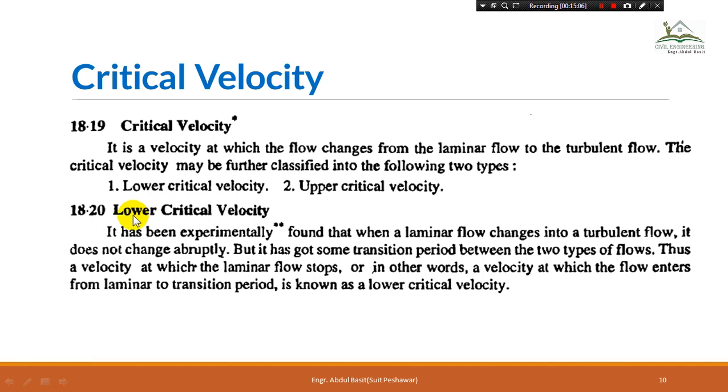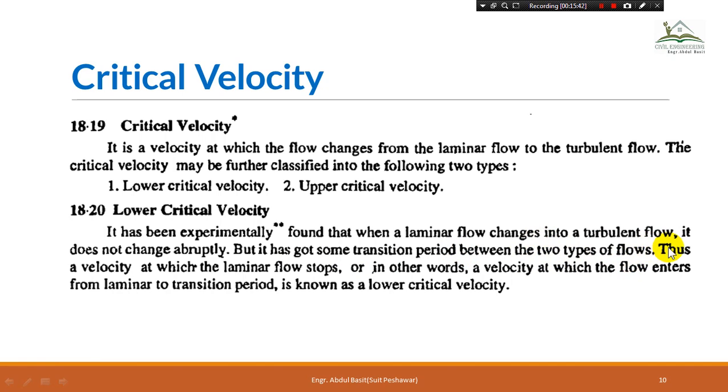So what does lower critical velocity mean? It has been experimentally found that when a laminar flow changes into turbulent flow, it does not change abruptly. Laminar flow and turbulent flow do not abruptly change into each other. There will be a lengthy transition zone in between them. So, as I was discussing, there is a transition period between the two types of flow.